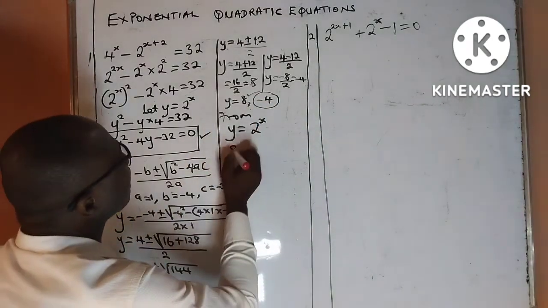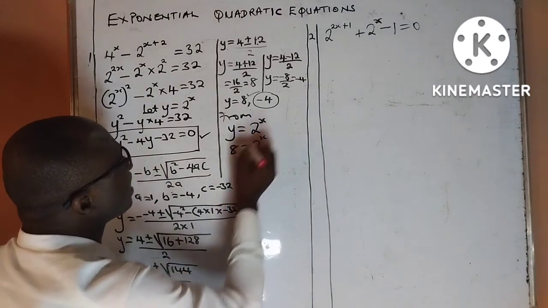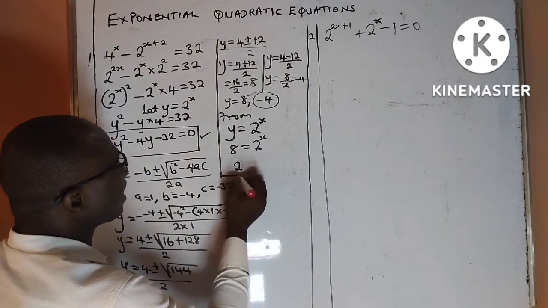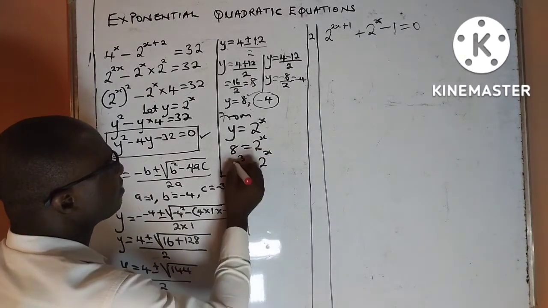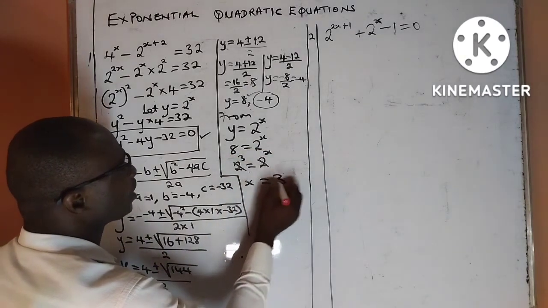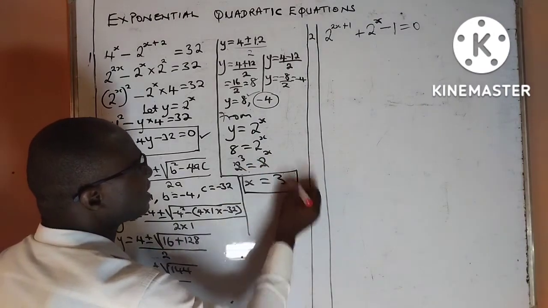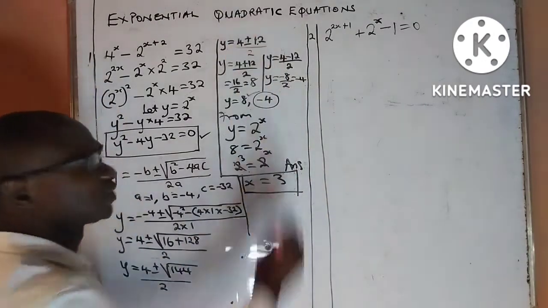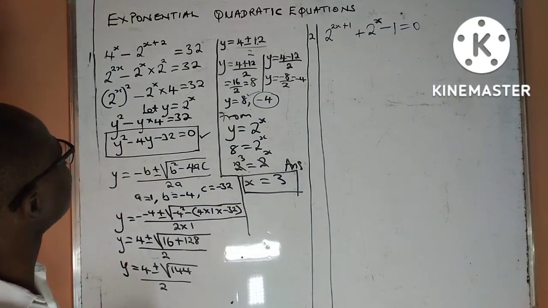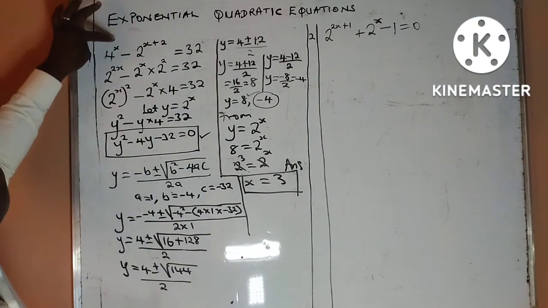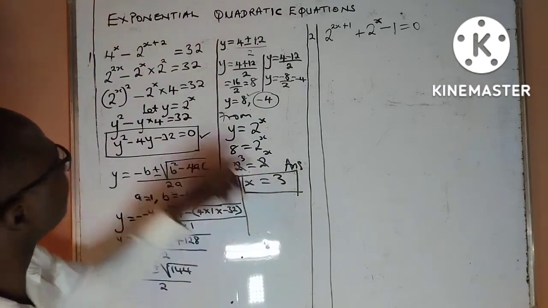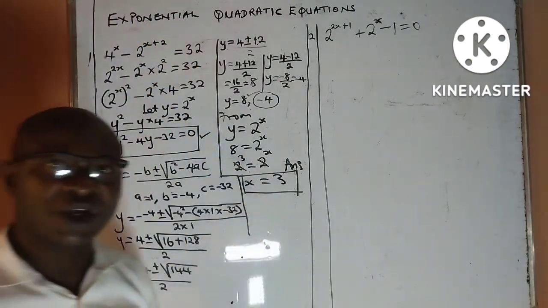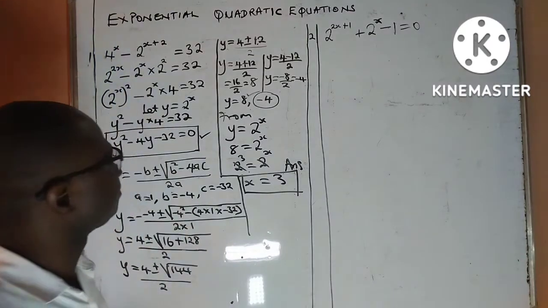So, now we have 8 is equal to 2 raised to the power x, and therefore 2 raised to the power 3 is equal to 2 raised to the power x, meaning that x now is equal to 3. Final answer. Good. So what it now means is that in 4 raised to the power x minus 2 raised to the power x plus 2 equal to 32, the value of x is equal to 3.